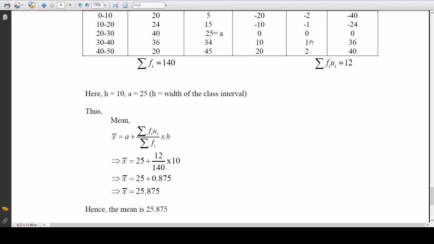it will be easy for you to find the summation of this fi ui, because the summation of fi ui here will be a smaller value.